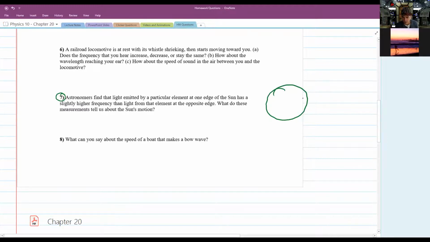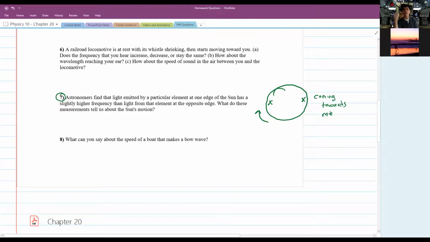So let's say I were to look at 2 different sections of the sun. Well, our sun is rotating. If you imagine our sun rotating, I don't know how best to draw this, but let's say it's rotating in this direction. Then this piece right here is coming towards me.